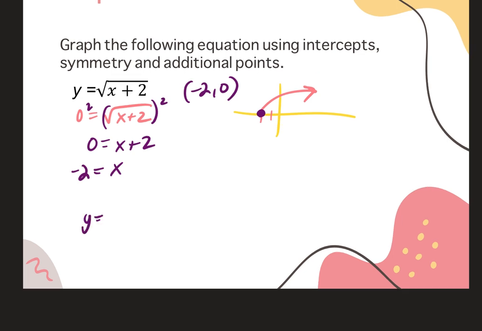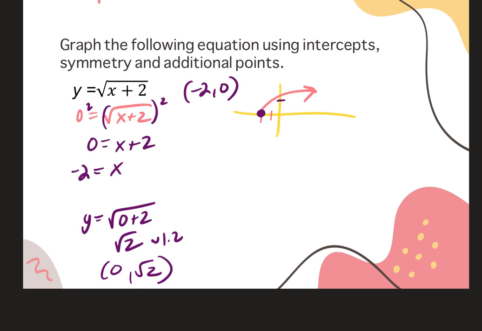My y-intercept, square root of 2. Not a whole number, so we would approximate that. That's in between square root 1 and square root 4, right? A little bit closer to 1. So we might say this is like a 1.2. Again, total approximation. Does not have to be perfect. When we list it, it would be 0, square root 2. It would stay exact.